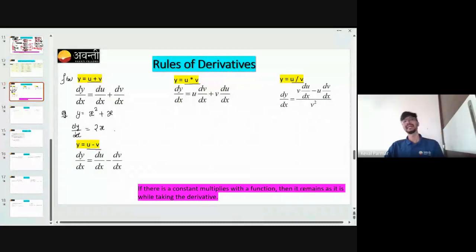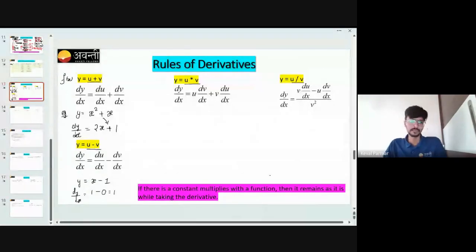So basically this plus remains as it is, and the same is for minus. If I take a very simple example like y is equal to x minus 1, I can write dy by dx is equal to the derivative of x, which is 1, and the derivative of 1, which is 0, which is equal to 1.